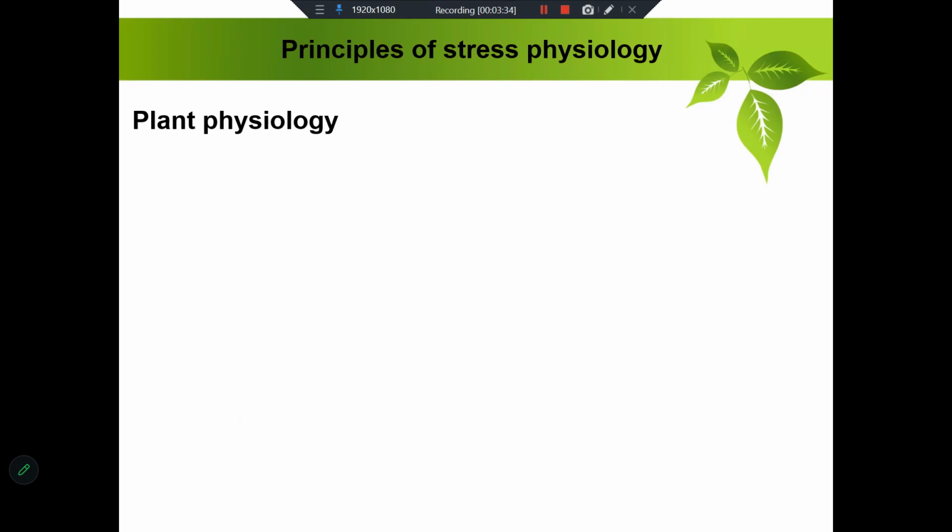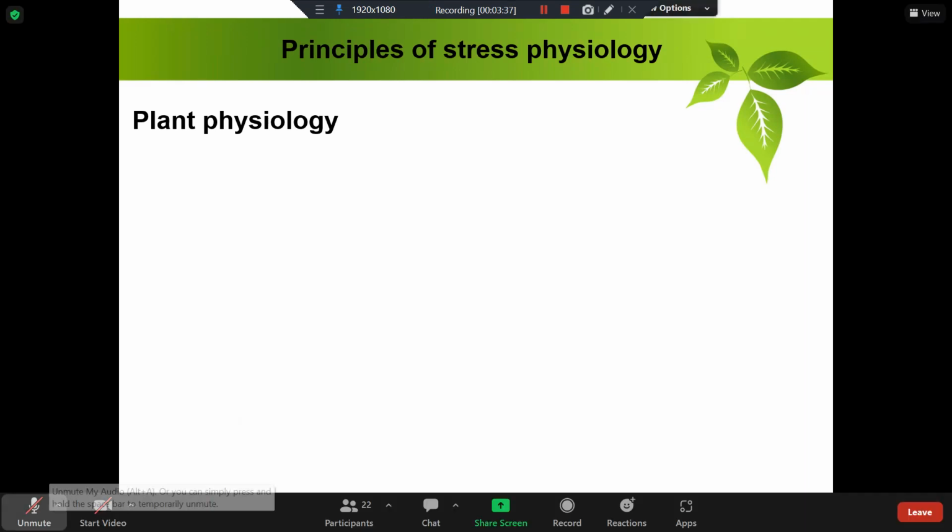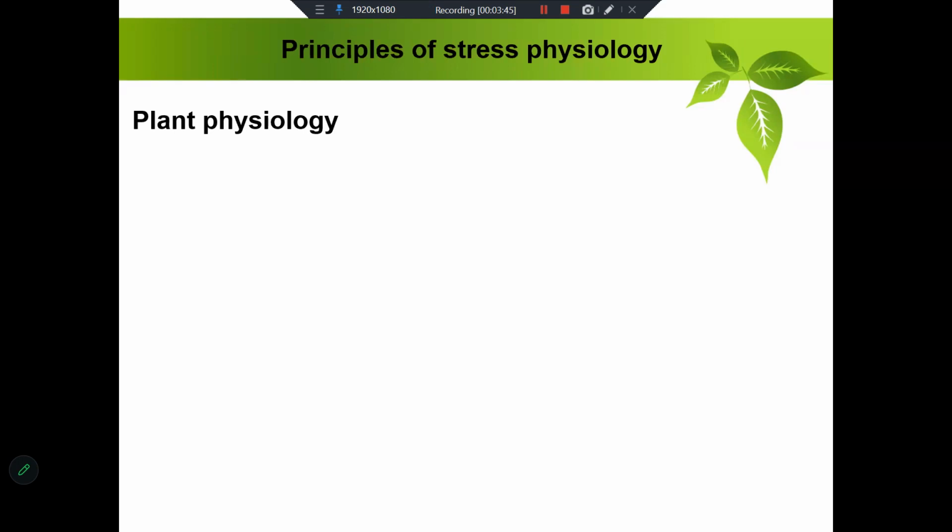What is actually physiology? There are different fields in biology related to plant sciences: physiology, anatomy, biochemistry, likewise systematics, ecology. Like all other examples, physiology is also a field of biology or plant sciences.